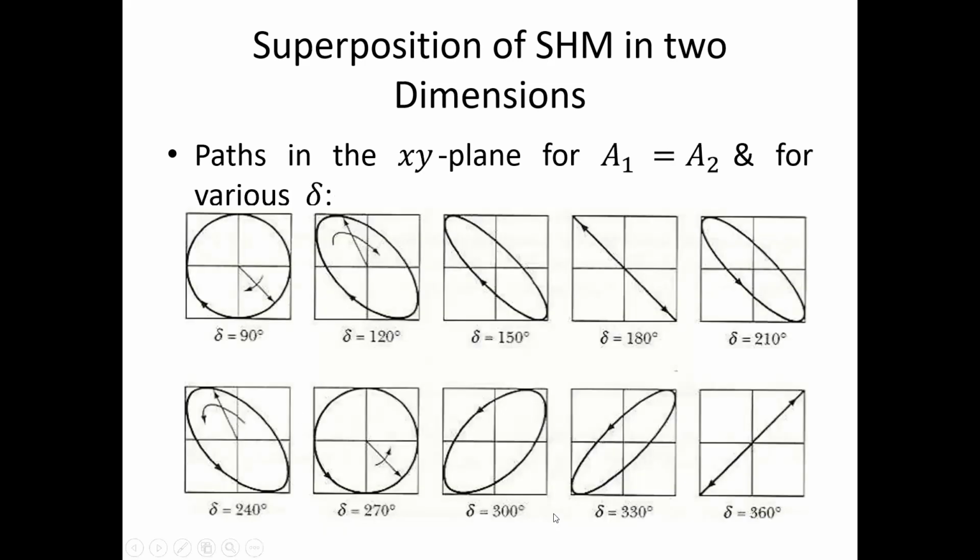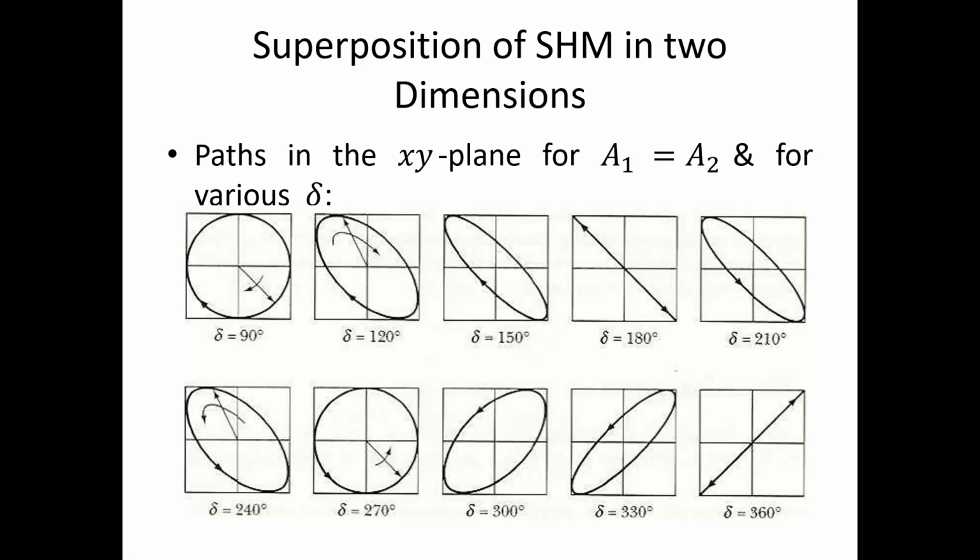This is written here. The paths in the xy plane for a1 equal to a2 and for various deltas are given here. As you can see, for different deltas we have different orientations of the ellipse or of the straight line. And depending on delta, we not only have a different orientation, but we also have different senses of rotation.